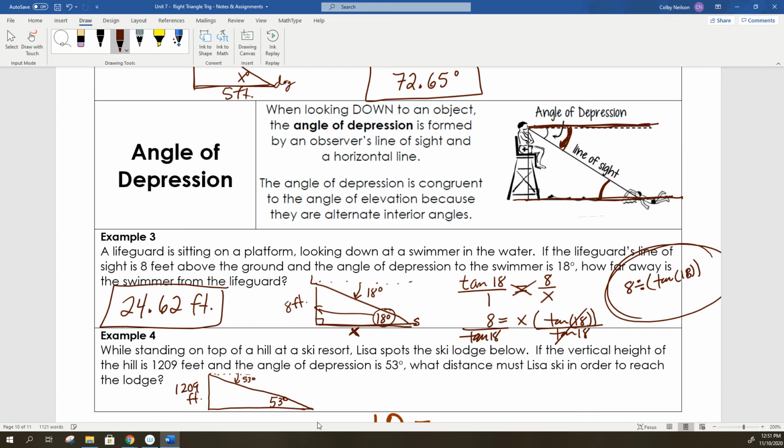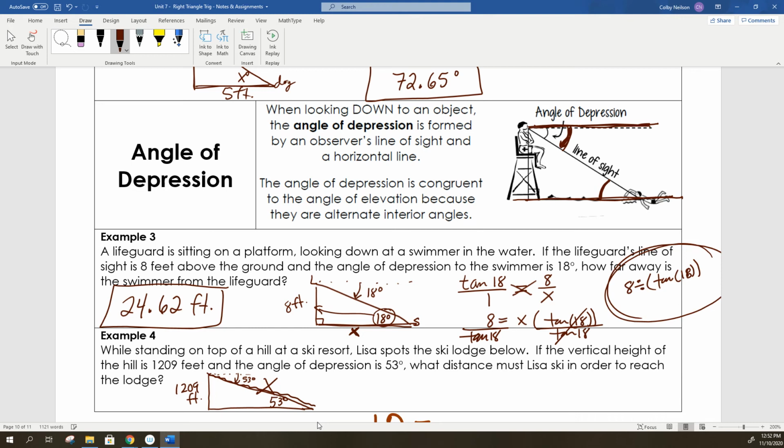Well, is she skiing horizontally or skiing downhill? So which side are we finding? The hypotenuse or the one at the bottom? Yeah, the hypotenuse, because she's going to ski down the hill to the lodge. So we're looking for the hypotenuse. All right. So now look at your 53-degree angle inside the triangle, down here at the bottom.